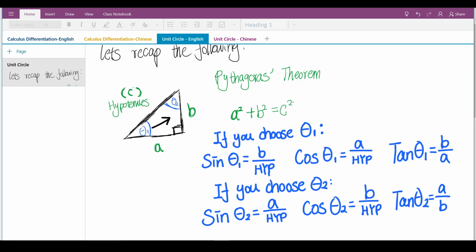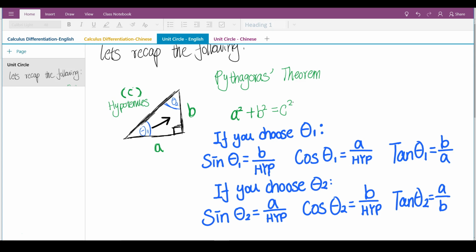So cos theta is equal to B over hypotenuse, which is adjacent over hypotenuse. Last but not least, tan theta. If we choose theta 2 as our angle, tan theta 2 will be equal to A over B, which is opposite over adjacent.